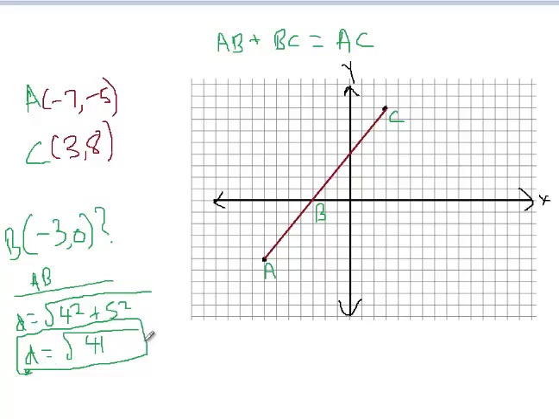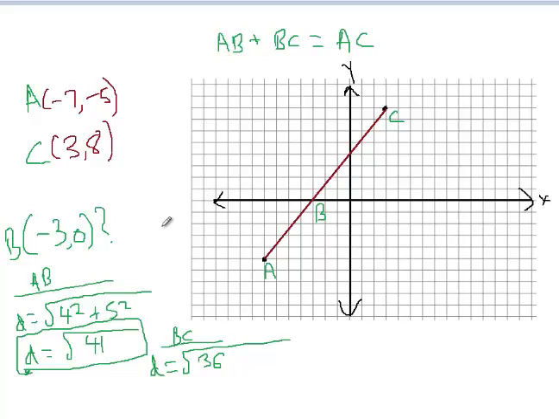Fine. Now let's look at segment BC. The distance is, again, now we're looking at these 2 points. Negative 3 minus 3 is negative 6 squared, and negative 6 squared is positive 36.